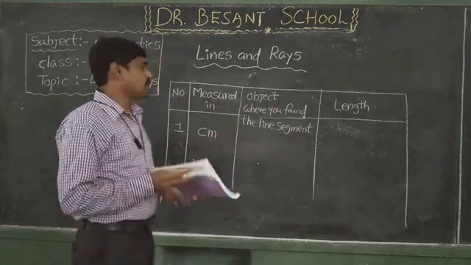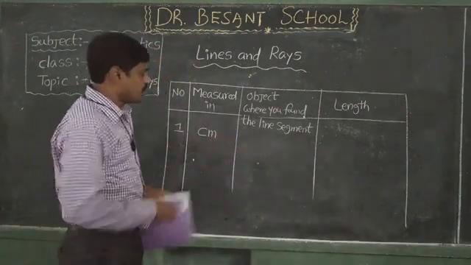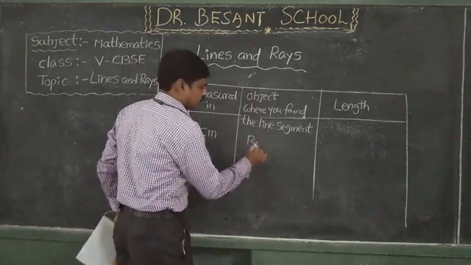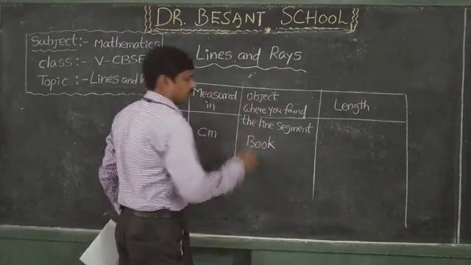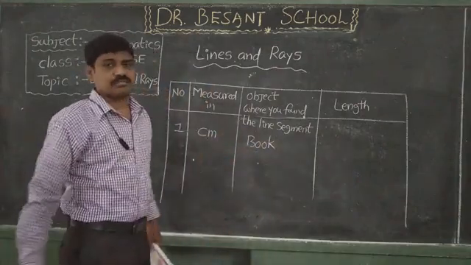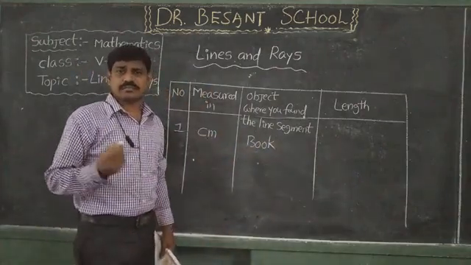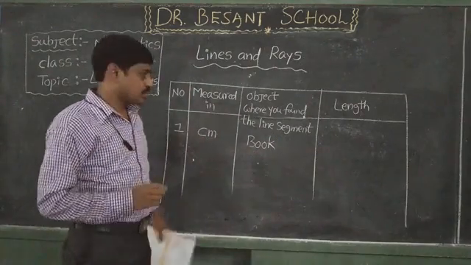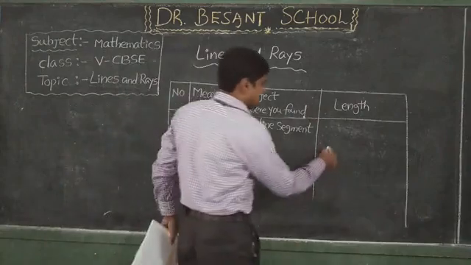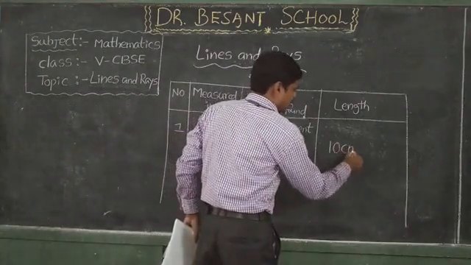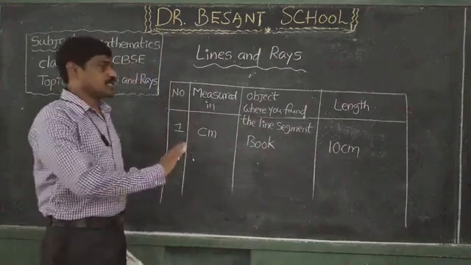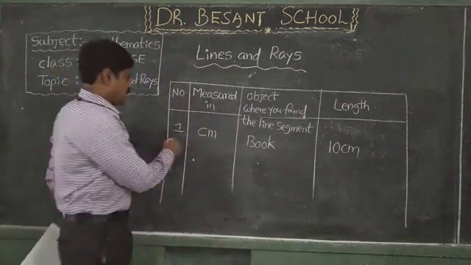So from the book, what is the length? By using a scale you can find the length. Suppose it is 10 centimeters. What is the length of this book? 10 centimeters. So this is the first one.